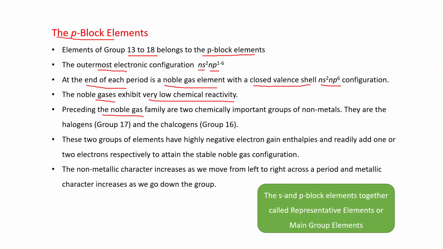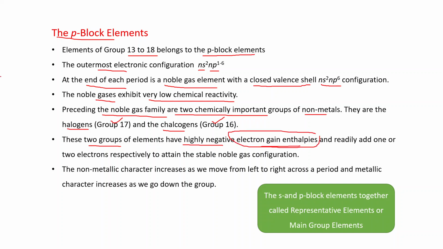Preceding the noble gas family are two chemically important groups of non-metals. That is, before noble gases, two groups are there which are chemically important, and they are halogens, group 17, and chalcogens, group 16. These two groups of elements have high negative electron gain enthalpies. Now again, what is the meaning of electron gain enthalpy?